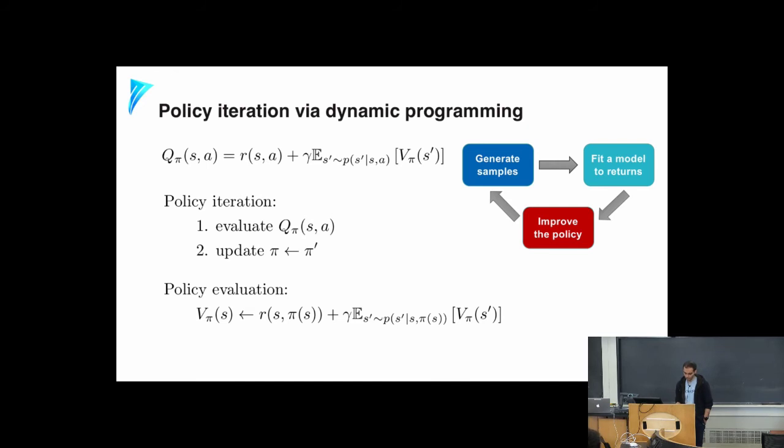We can evaluate the policy and get this V^π for every single state. Again, we're in a tabular setting. Everything is tractable, and we can enumerate all the states and actions.